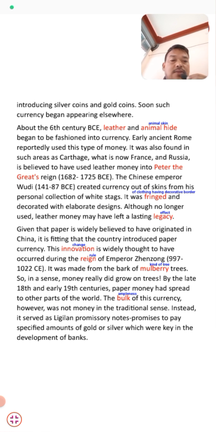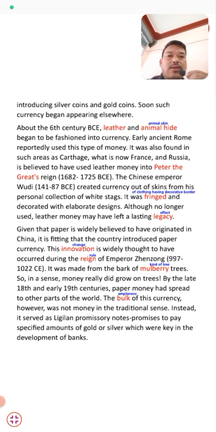Students, it has a decorated fringe-like pattern all over it. It means there was a design also on that skin. Although leather money is no longer in use, its influence remains lasting. The skin of animals is no longer used nowadays, but its impact may remain long lasting.